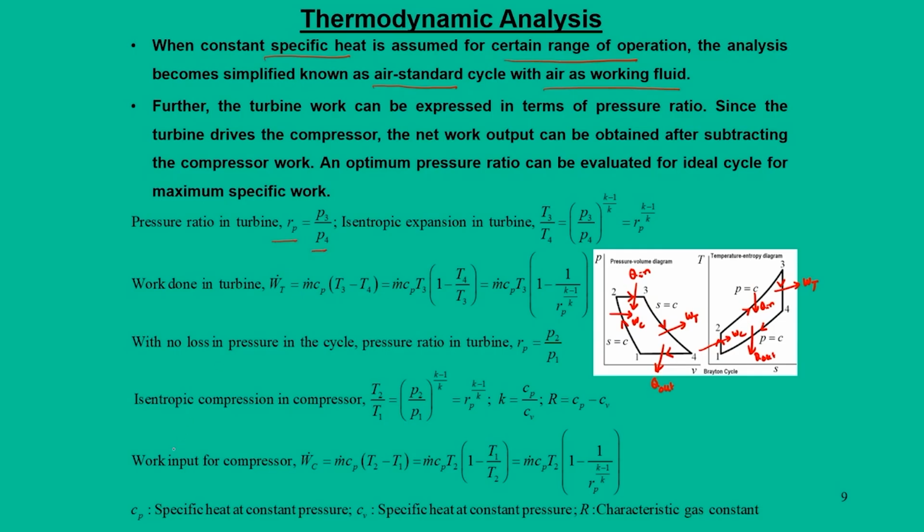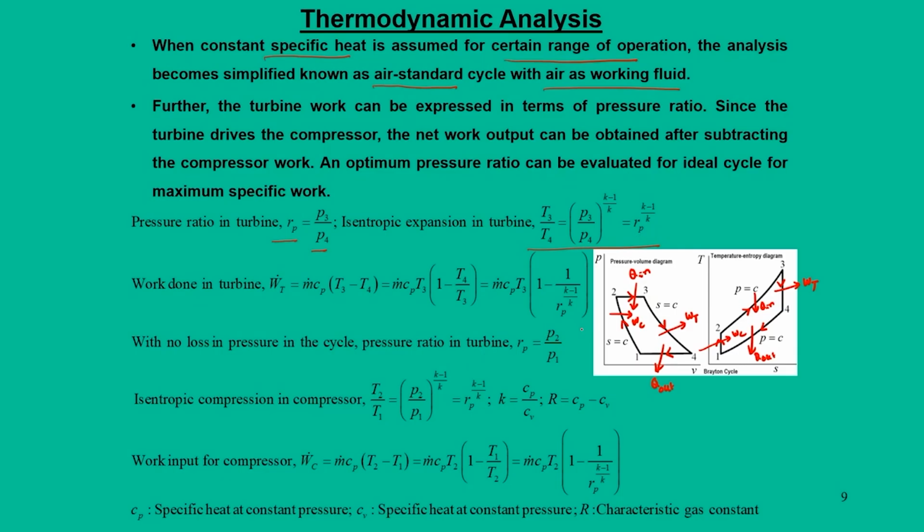The pressure ratios in the compressor and turbine may or may not be equal, but for our analysis, since the compressor is driven by the turbine, we say that the pressure ratios remain the same. And second, for isentropic processes the temperature ratios can be expressed in terms of the pressure ratio.